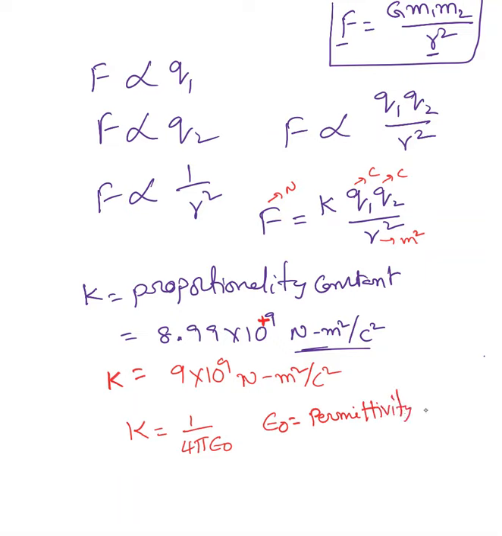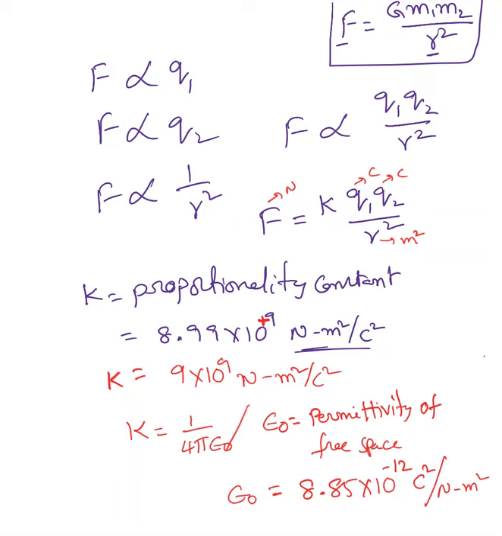It's a constant, and that value is 8.85 times 10 to the power of -12. So the k value is 1 over 4 pi epsilon naught, and the unit for epsilon naught is Coulomb squared over Newton meter squared. It's up to you. You can use either k or epsilon naught in future equations.